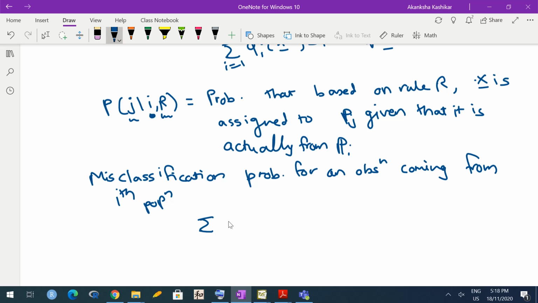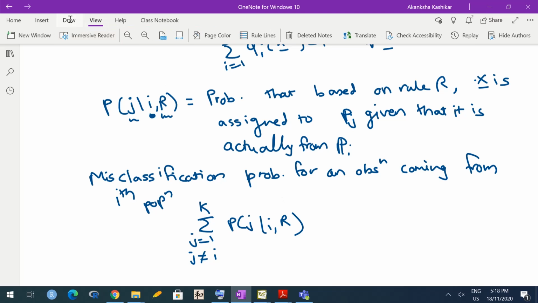This would be the sum over j of P(j given i, R), where j goes from 1 to k and j is not equal to i. So i is fixed. The observation is originally coming from the ith population, but it can be classified into any of the jth populations. As long as j is not equal to i, that amounts to misclassification. So the total misclassification probability for an observation coming from the ith population is this.